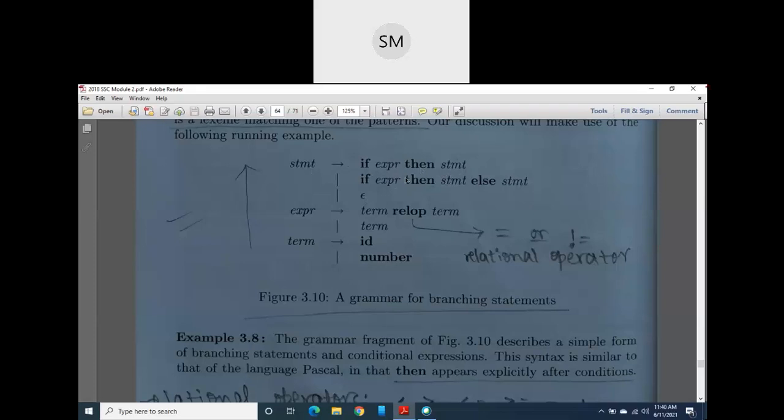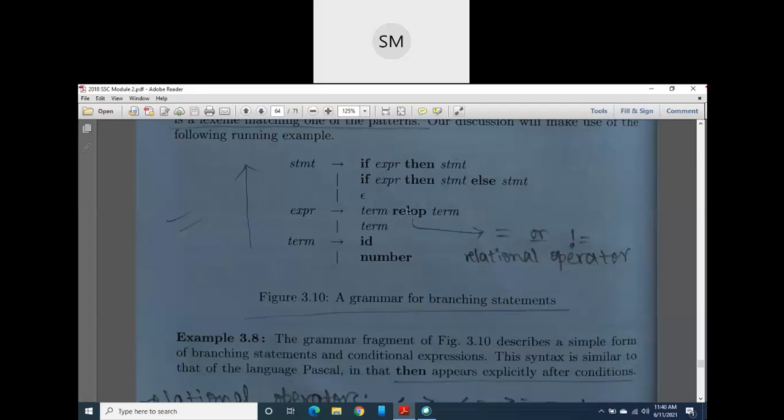That's why I am telling you, whatever I have written in italics are not terminals, they are non-terminals. And I don't know how exactly expressions look, which form they take. So I am defining expression here. Expression may be a term followed by a relational operator followed by a term. Here relational operator means what?